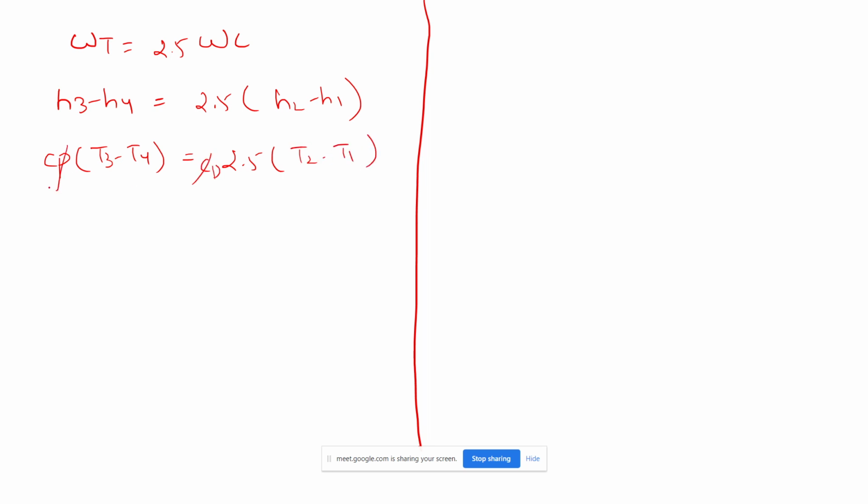So Cp will cancel out, because we are talking about air only. So T3 minus T4 is equal to 2.5 times T2 minus T1. T3 we have to calculate, and T4 also we don't know. So 2.5, T2 we know 500.6 minus T1 300.